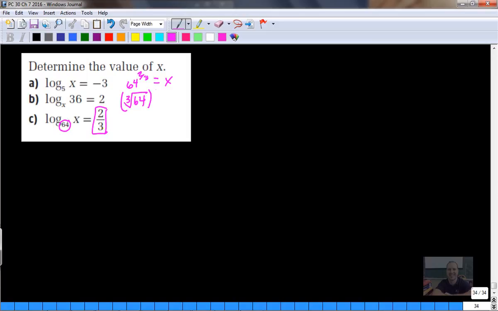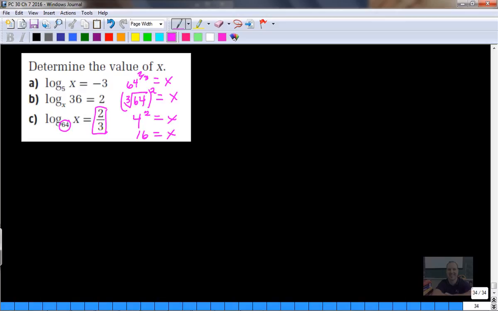Okay, and that number on top is just like a regular exponent. So what's the cube root of 64? Something times itself, sorry? Not 2, I thought I heard 2, but it's 4, yeah. So 4 times 4 is 16, times 4 is 64. So this is 4, and then you have that squared, and so 16 is your answer.